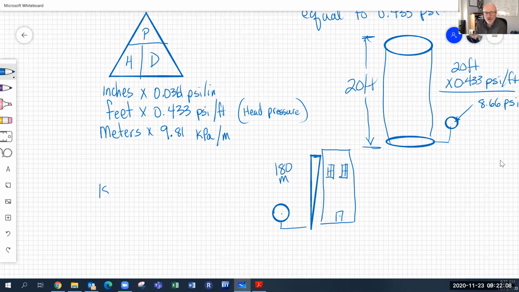I simply take 180 meters tall and I multiply it by 9.81 kPa per meter. And that gives me 1,765.8 kPa on that gauge. So calculating pressures is all about the height of the fluid.